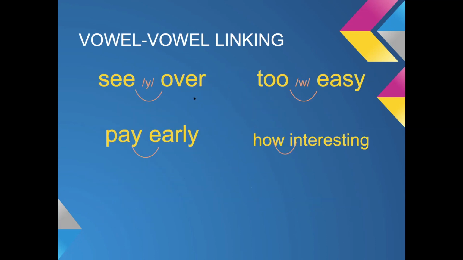For example, with see, you hear a little bit of the y sound at the end. You also hear it at the end of pay. With to, you hear the w sound. The same thing with how.